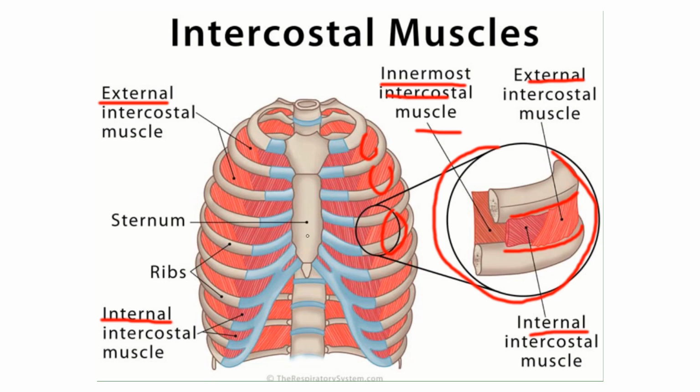They will work mainly in forced inspiration, whereas the internal intercostal and innermost intercostal muscles actually have two parts. One is the intraosseous part, which is present mainly in this area, and then we have the intercostal part, the interchondral part, which is present between the cartilages.